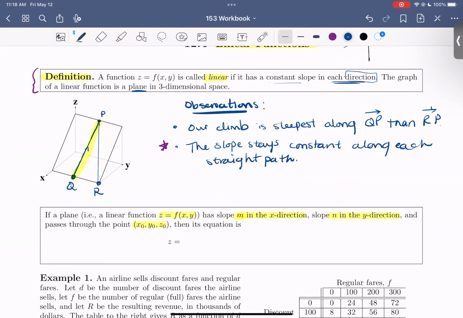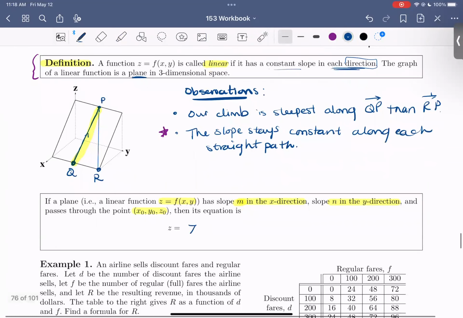So that equation looks like, I'll write it down and then we'll look at it together. z naught, so that z coordinate that we know is on our plane, plus m times x minus x naught, plus n times y minus y naught.